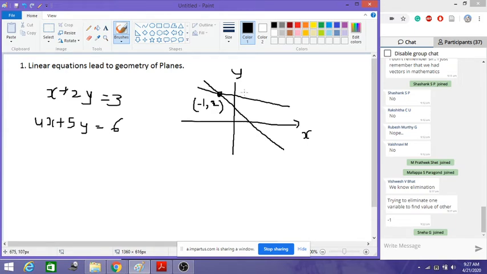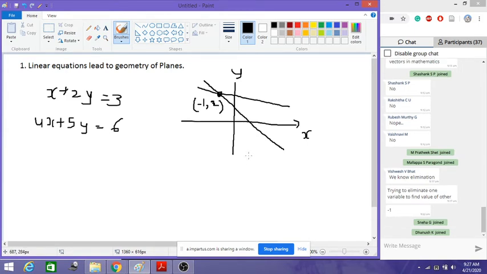This is okay for the 2-dimension case. If the number of unknowns and equations increases, say 9, then it is very difficult to imagine 9 dimensions. That is why the linear equation leads to the geometry of the plane. So let me clear this section here.